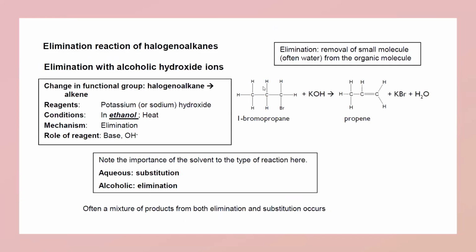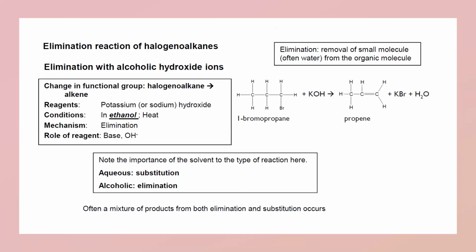Then the second type of reaction is elimination reaction. Elimination means when elements, atoms or group of atoms are removed from the molecule. Elimination reaction occurs when we are using alcoholic potassium hydroxide.